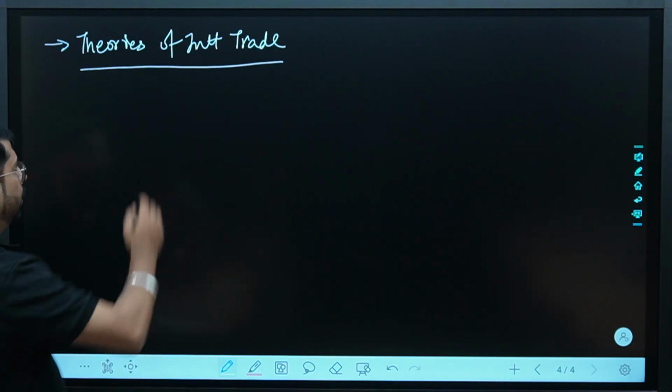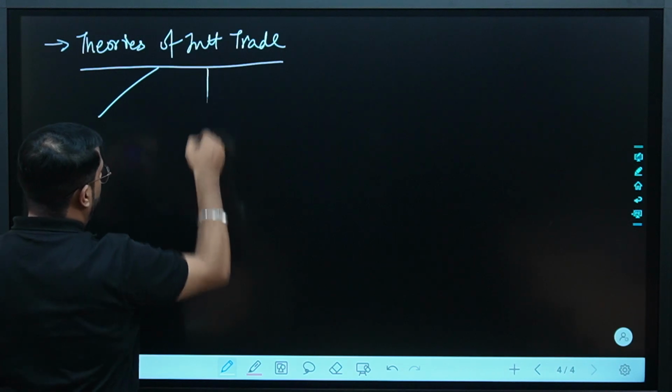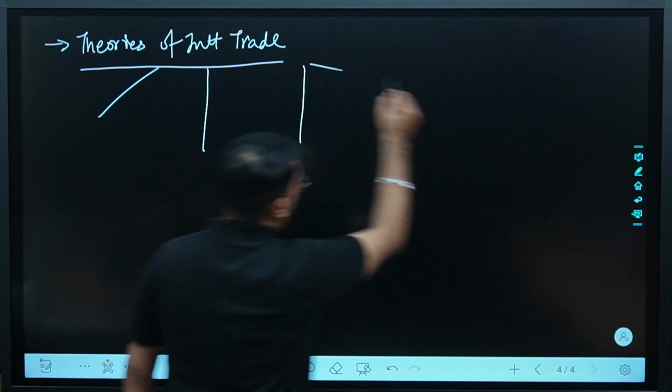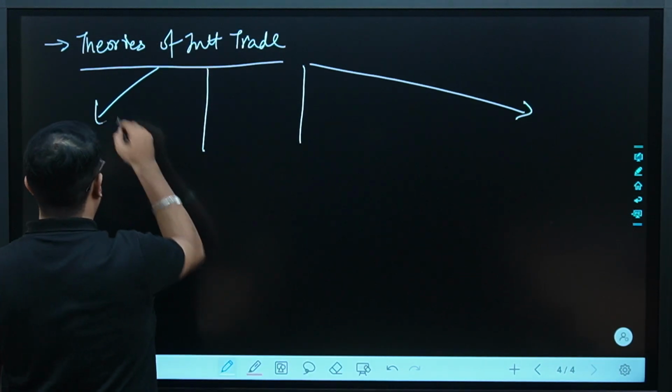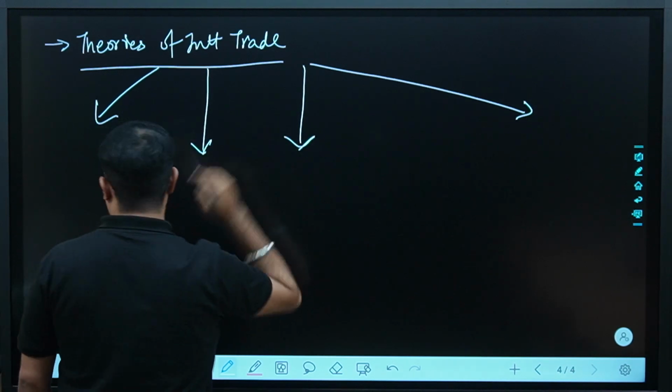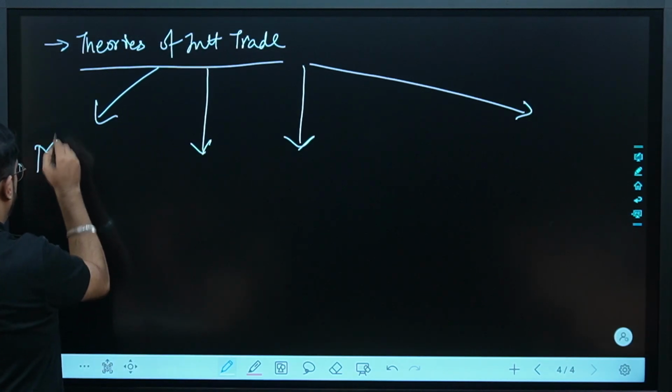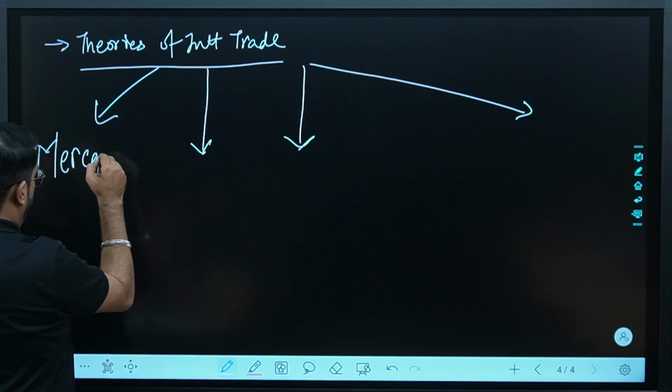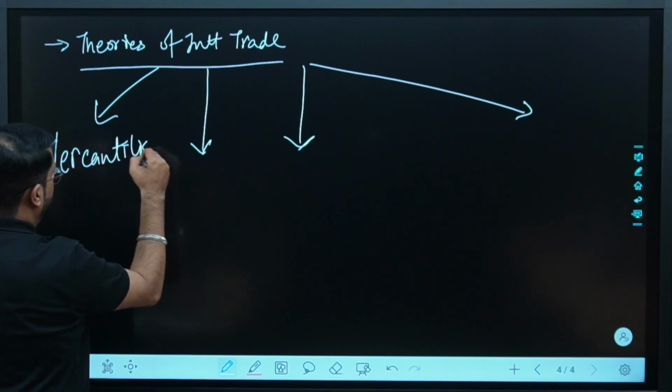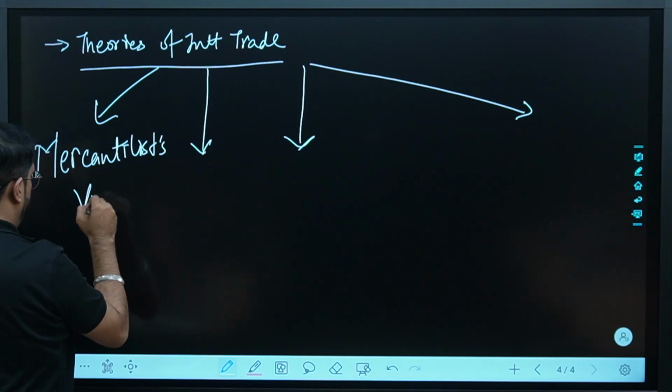Okay? We are going to study a total of 4 theories here. First is the mercantilist's view.